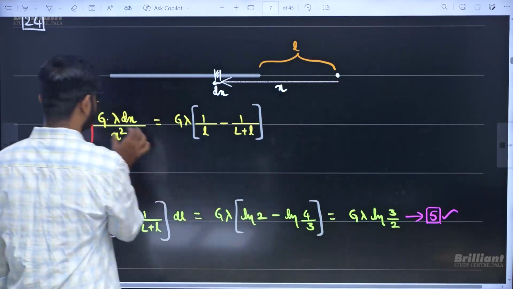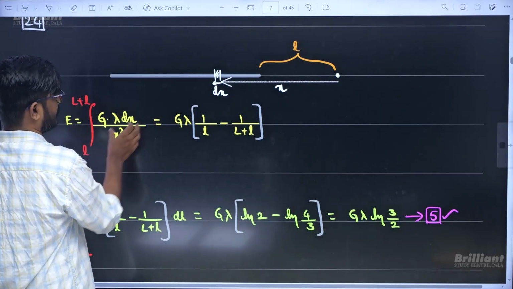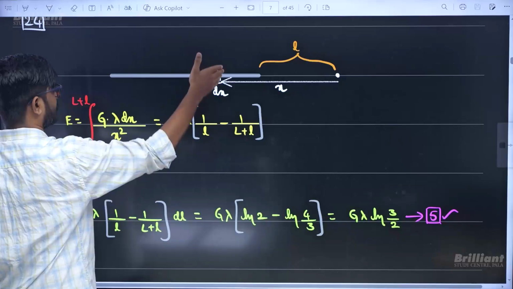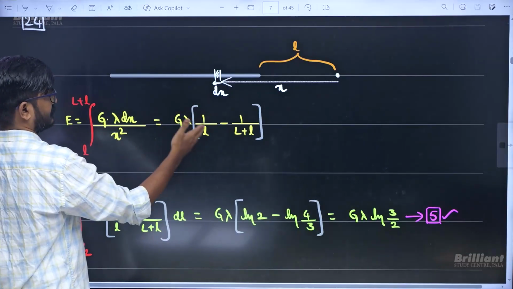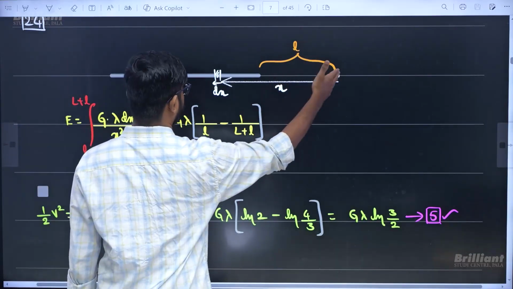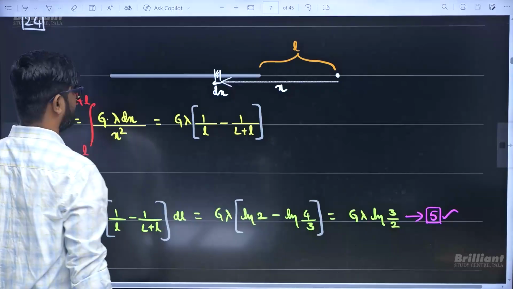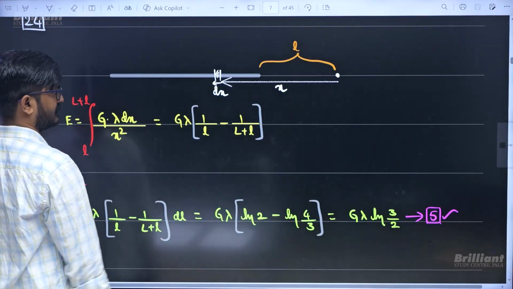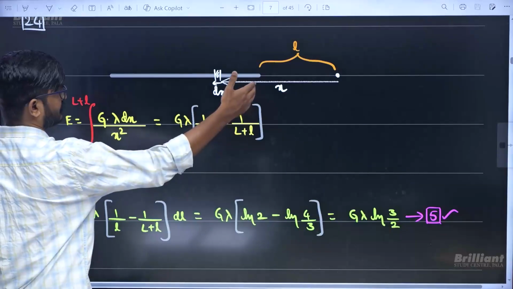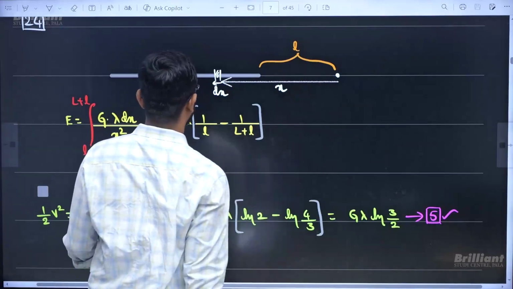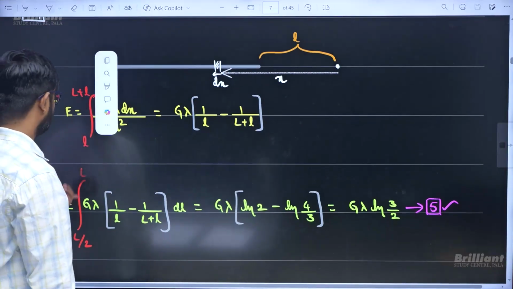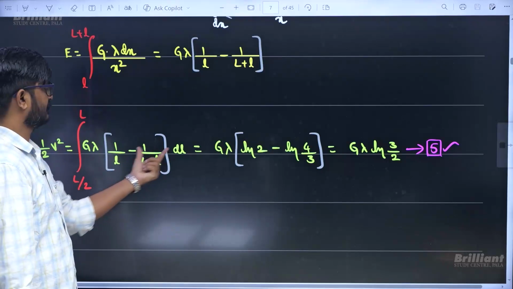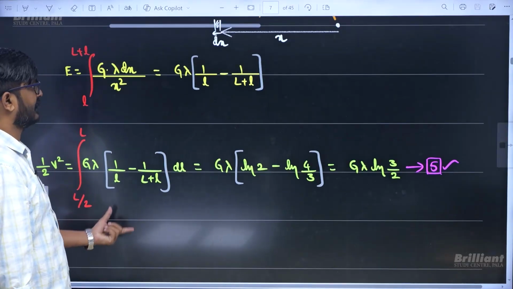Now if I want to find the field because of the total rod, I have to integrate from small l to small l plus capital L. That is going to be the field magnitude, and it is attraction. Because of that, if it starts moving, the work done by the gravitational field is going to be the gravitational field times small displacement, and I have to integrate this.